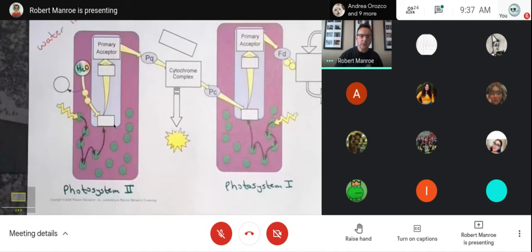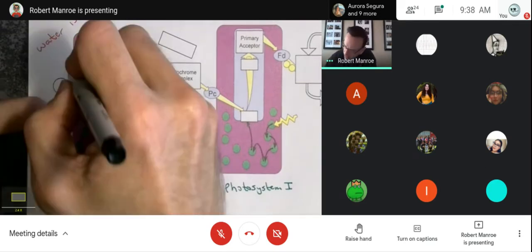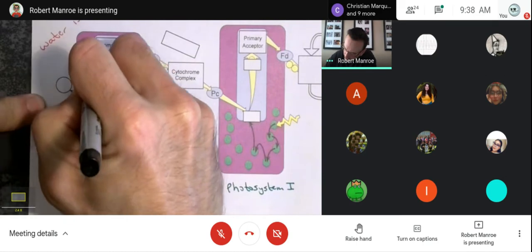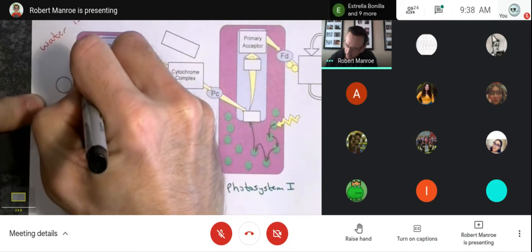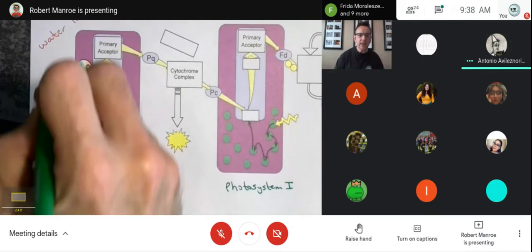There's water. So this is then going to be oxidation.